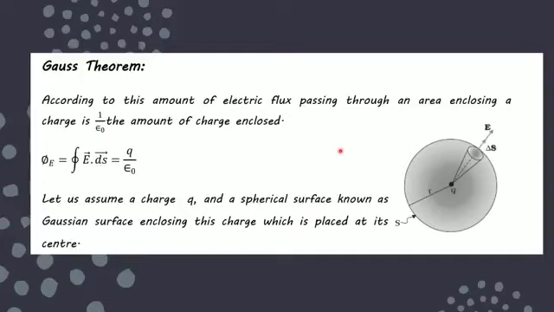So this was the statement of Gauss theorem. According to it, the electric flux passing through a surface enclosing a charge is equal to 1 upon epsilon naught times the amount of charge enclosed. And mathematically, this is the formula which you can write.